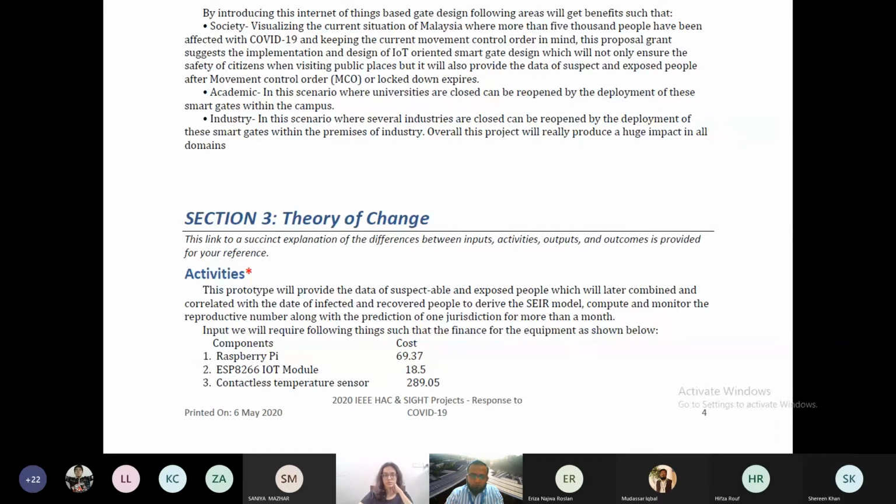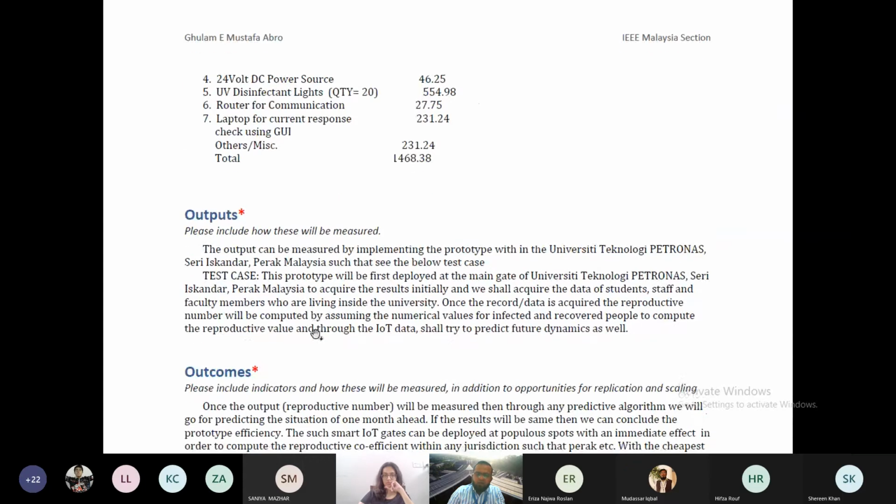Because my project was very hardware oriented, I mentioned my hardware components. I stated that I'll do this thing. I mentioned the cost over here, but there is a separate tab for it. You can mention the cost here also, but you can also mention it later on, so it's not a big deal.